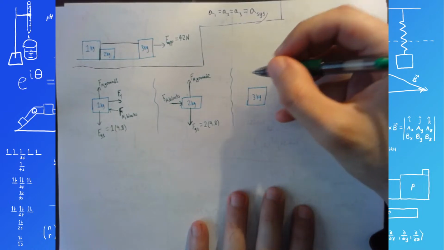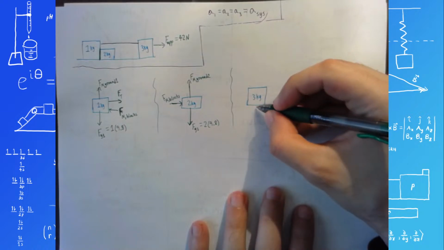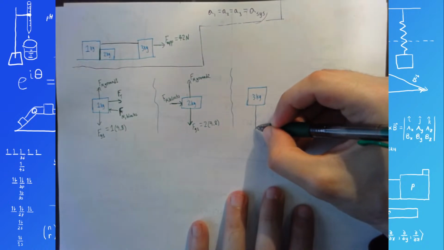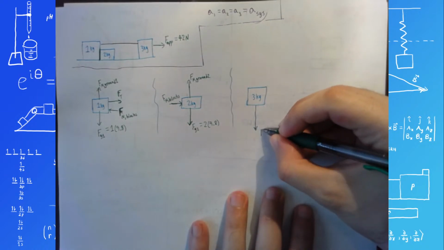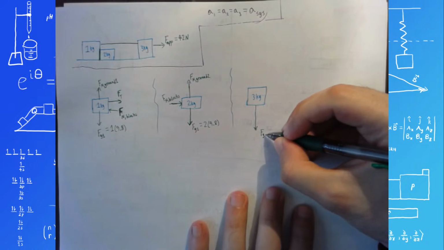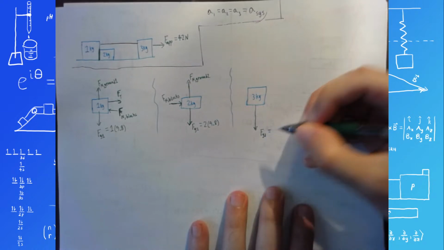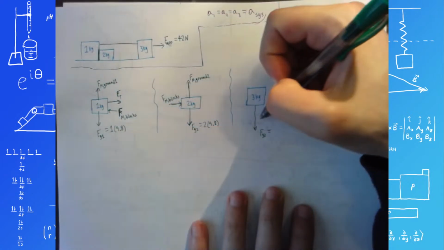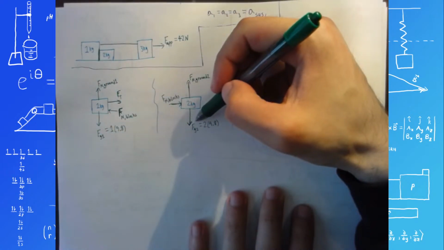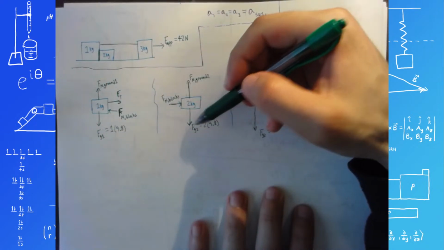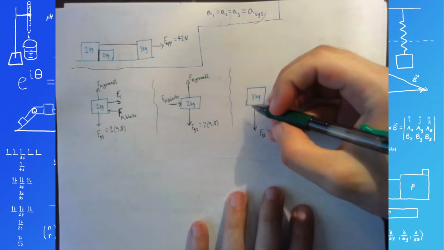So 3 kilogram block, we've got, of course, its weight. So force of gravity 3. I tried to draw these somewhat to scale, or at the very least, I drew them so at the very least we can tell that force of gravity 2 is greater than 1, and force of gravity 3 is greater than both of those.